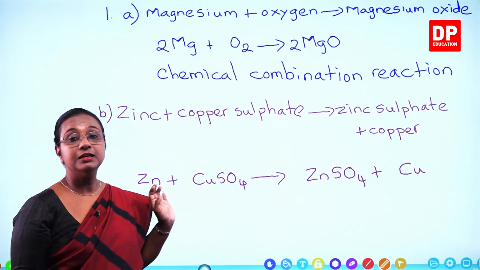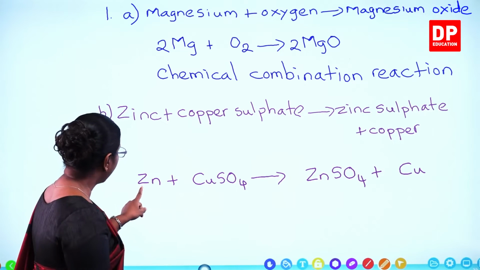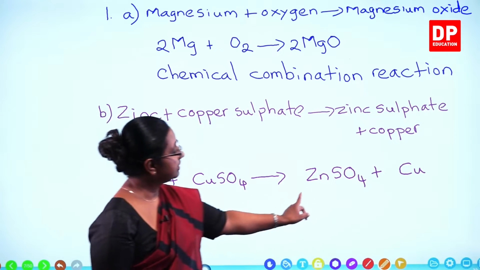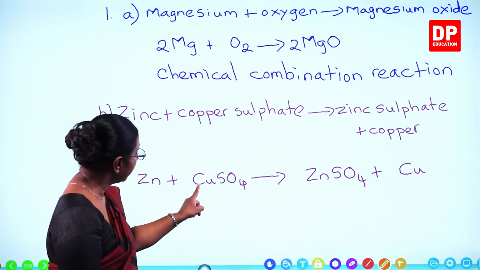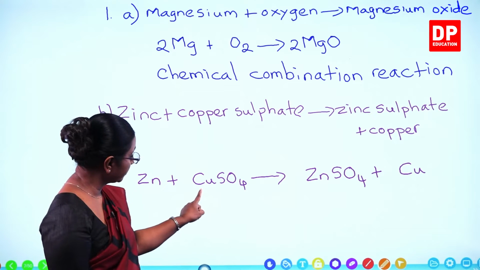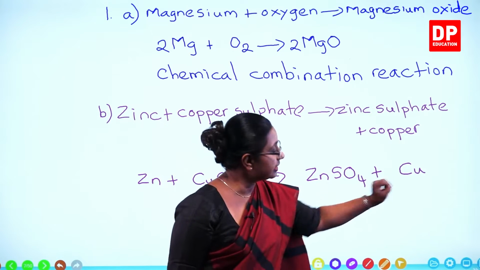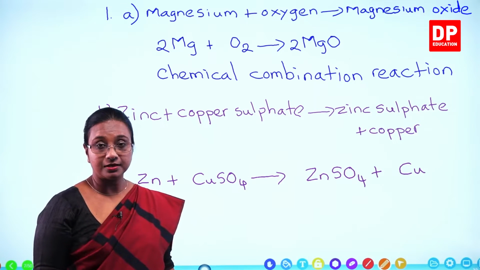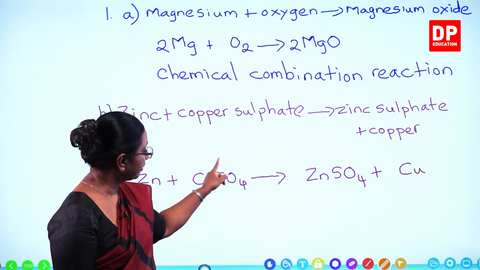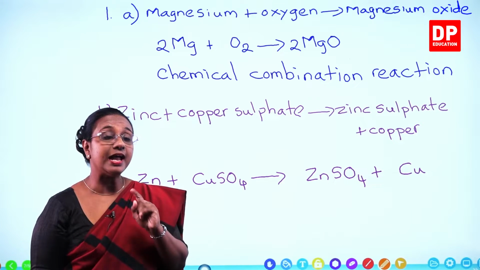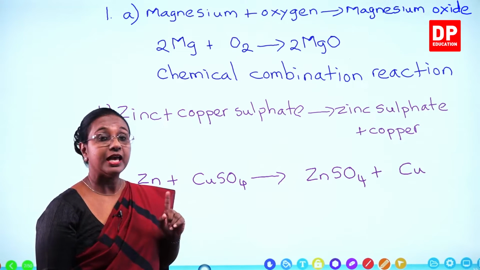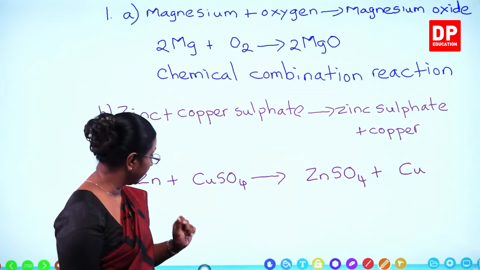Now look at the reaction. 1 zinc atom. In zinc sulfate also there is 1 zinc atom. Then in copper sulfate there is 1 copper. Here there is 1 copper in the product. Then here you can take sulfate as a whole or you can look at the atom of each element separately.